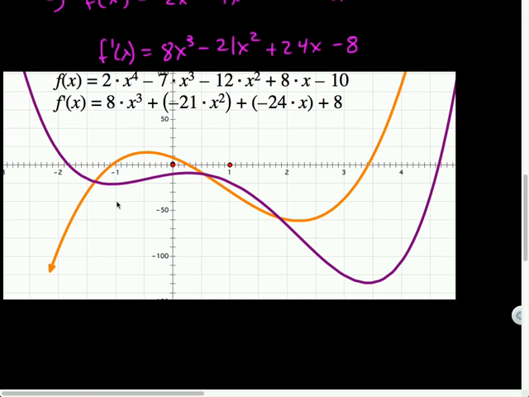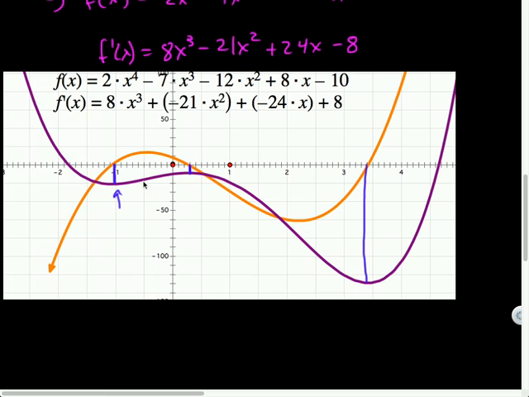Here we go. So this x-intercept lines up with a local min. This x-intercept lines up with a local max, and this x-intercept lines up with another local min. Actually, absolute min in that case. So I just want to point out that relationship.